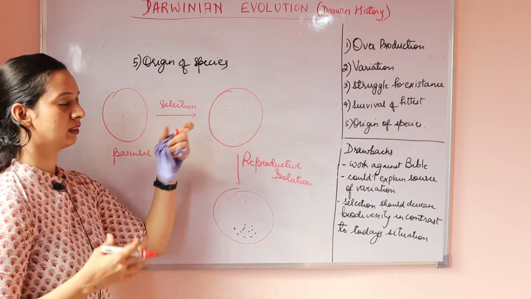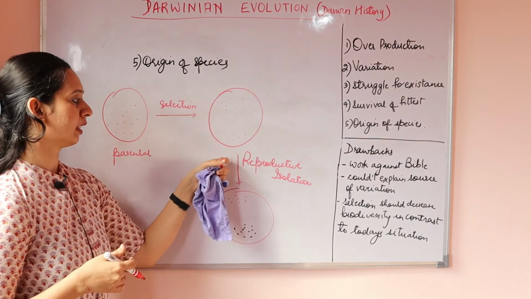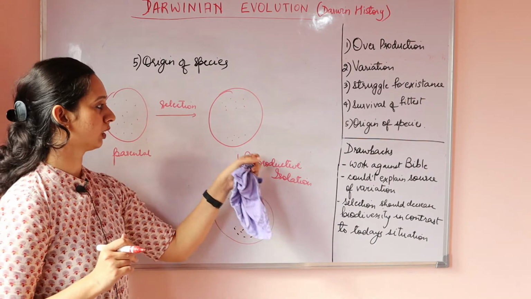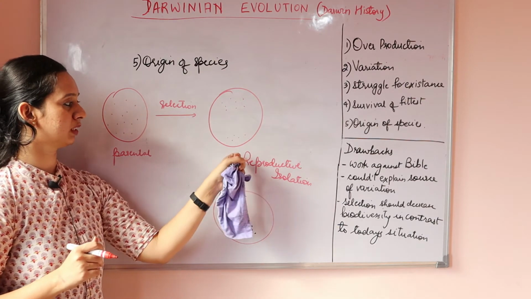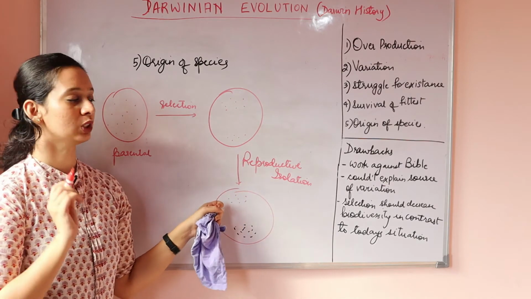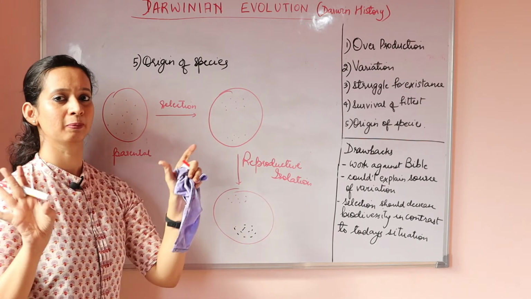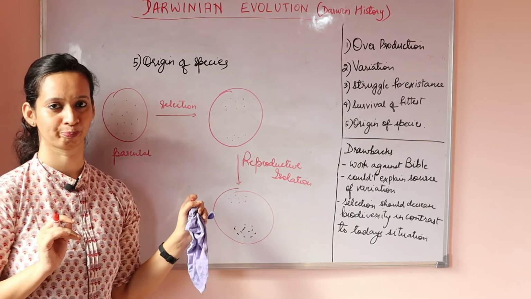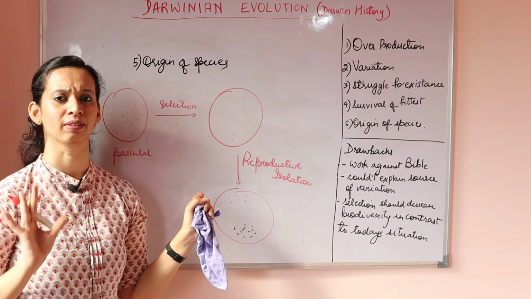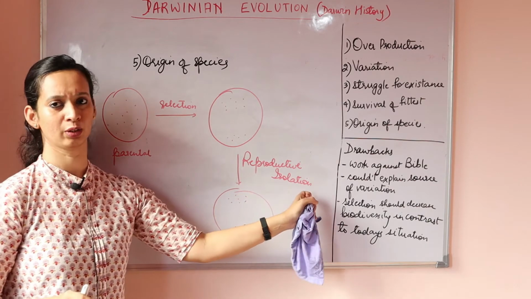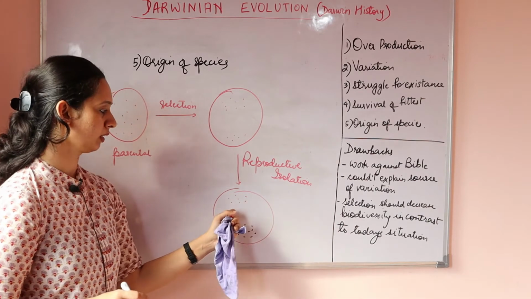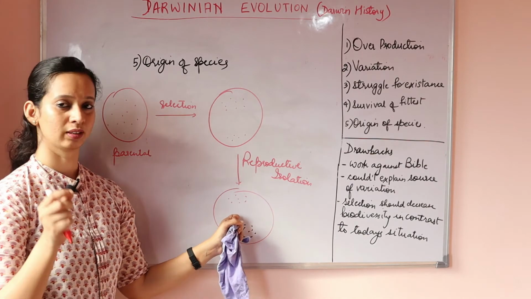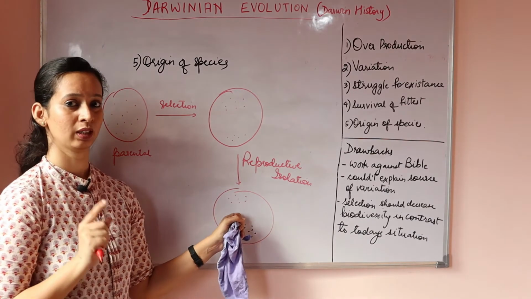They will start developing different traits. Once they start developing different traits, reproductive isolation will occur. Reproductive isolation means what? Even though they are of the same species, because of selection, they will develop such traits that they will not be able to reproduce with each other. That is called reproductive isolation, and this is the barrier of reproductive isolation. Once they are not able to reproduce within themselves, what does Darwin say?